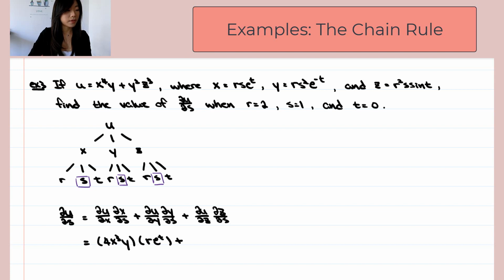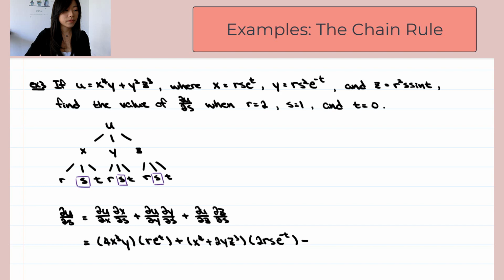Then the second term, du over dy, I treat x and z as constants, and I get x to the power of 4 plus 2 times y times z cubed. Then times dy over ds, which equals 2 times r times s times e to the power of negative t.